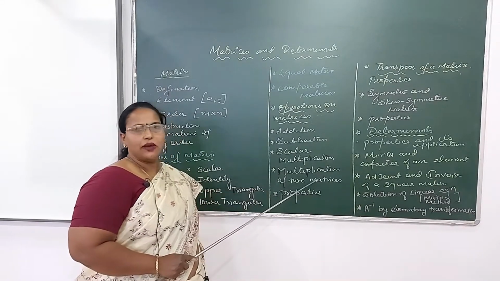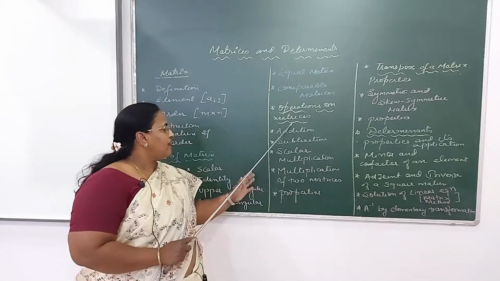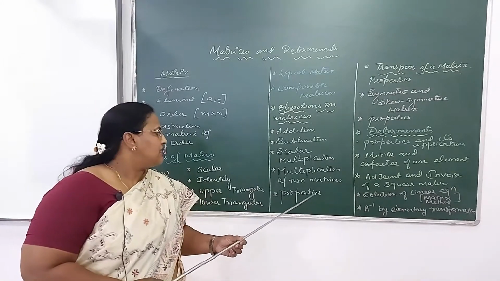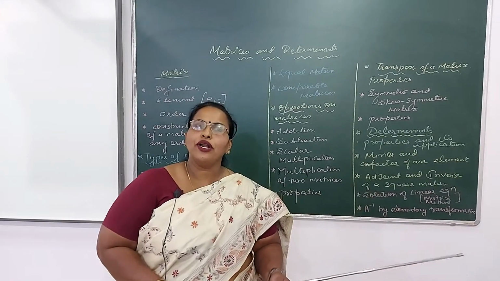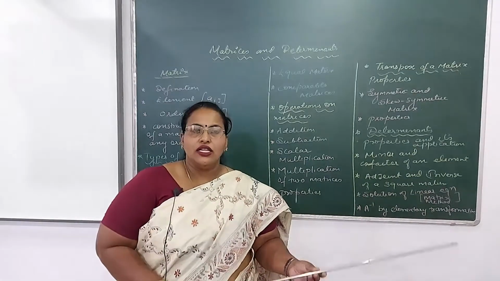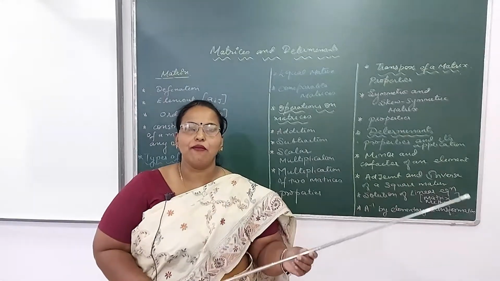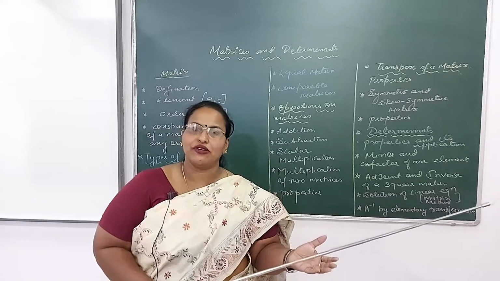Now this is a very important topic, that is multiplication of two matrices. Like for addition and subtraction the matrices should be comparable, in a similar manner, for multiplying two matrices, a very important condition is that the number of columns of the first should be equal to the number of rows of the second. Then only you can multiply two matrices.